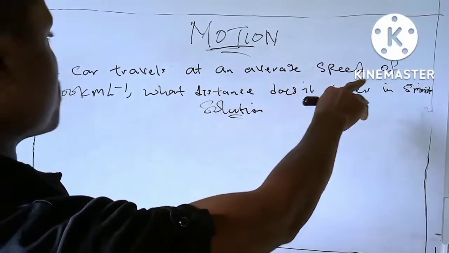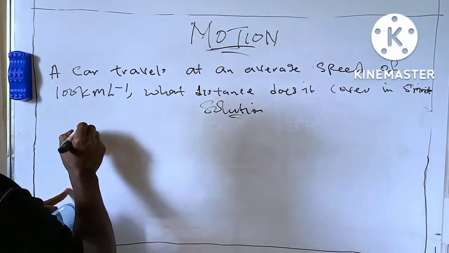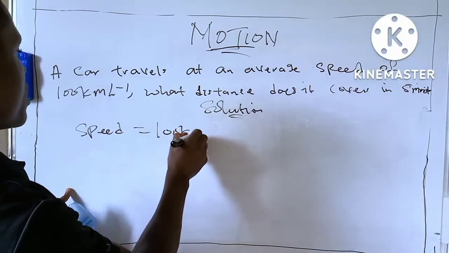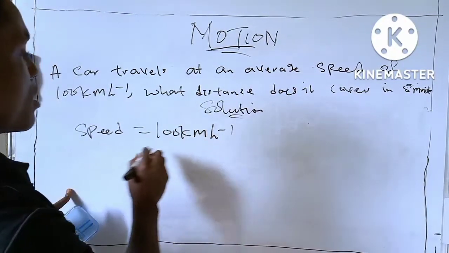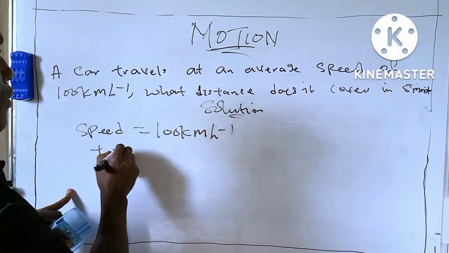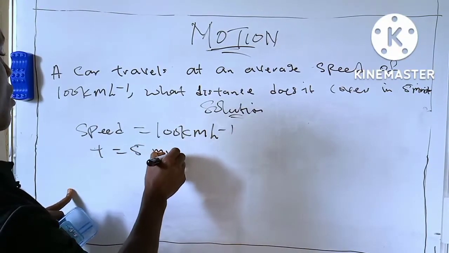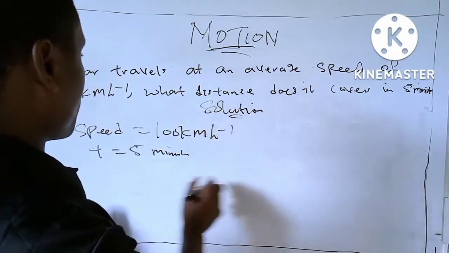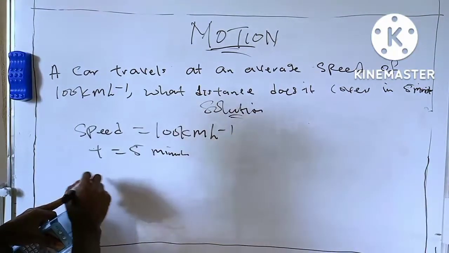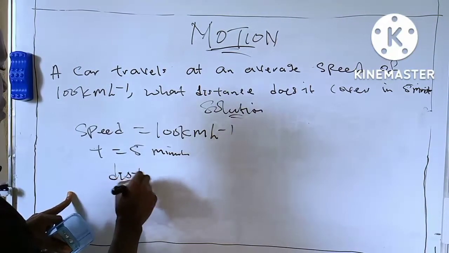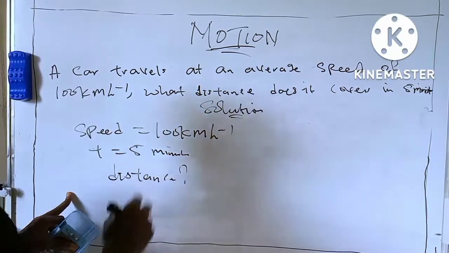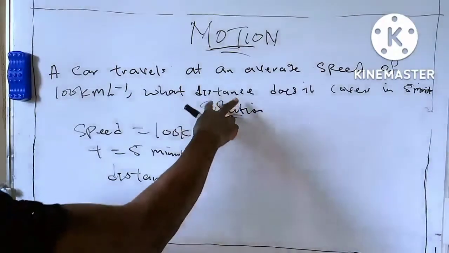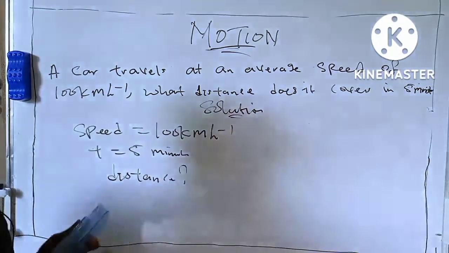A car travels at an average speed of 100 km per hour. Time is given, t is 5 minutes. So we are looking for the distance.